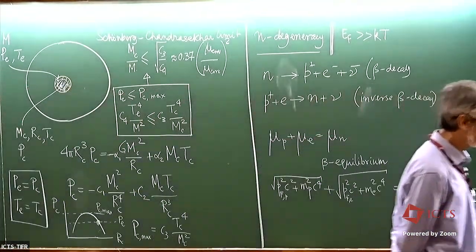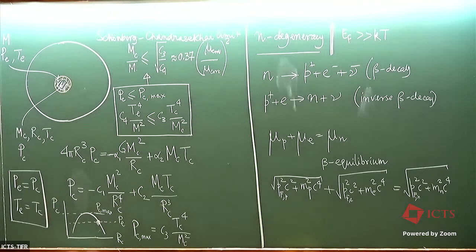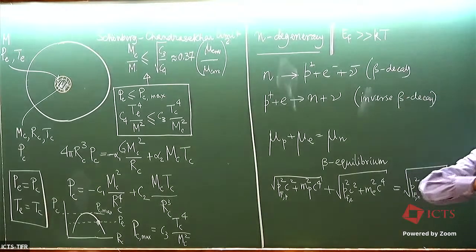Now, as you start, let us say, from a hypothetical mixture of full neutrons and no protons and electrons, and then let neutrons decay and fill the volume with protons and electrons, the Fermi energy of protons and electrons begin to rise.